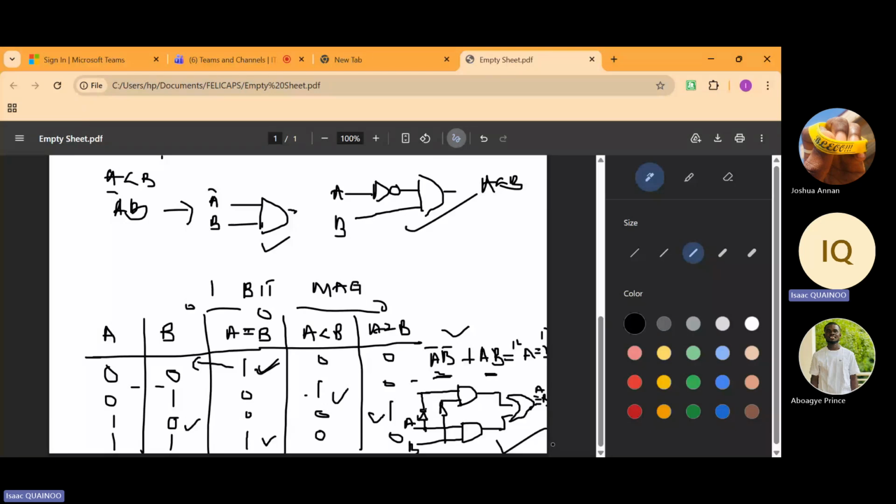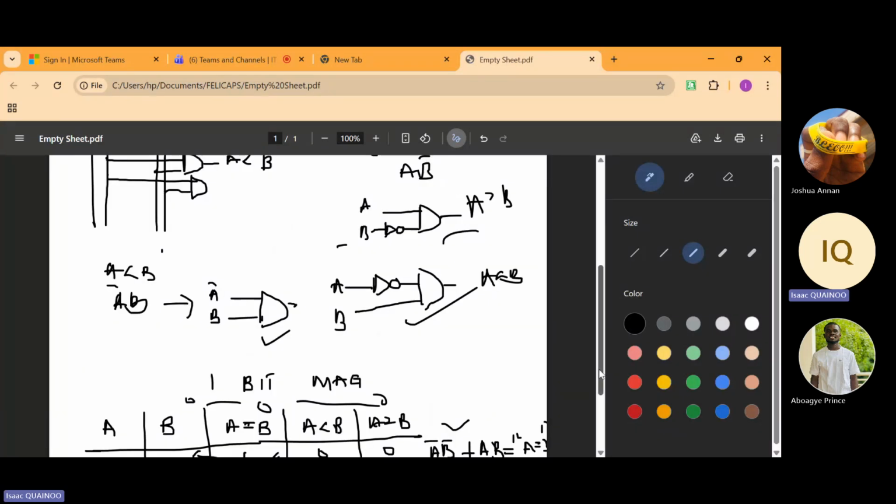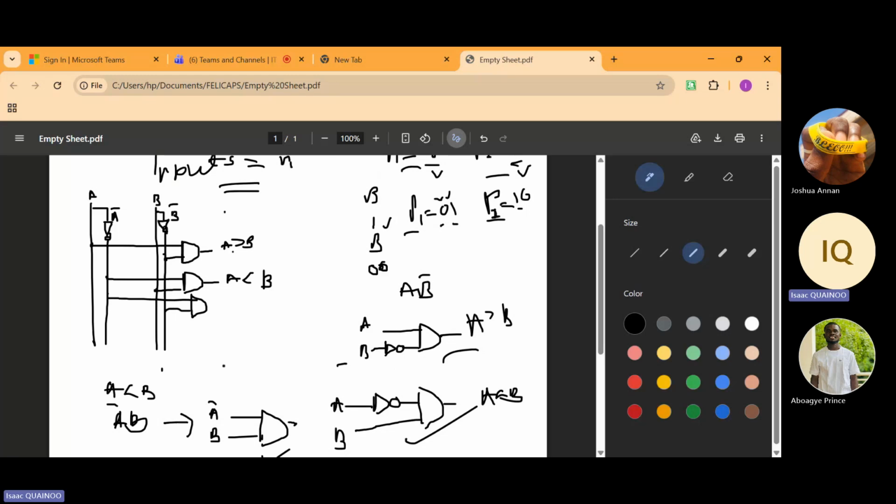And then we had another, which was AB, right? So AB, you pick A from here, and then our B from here. And then that gives us our AB, okay?